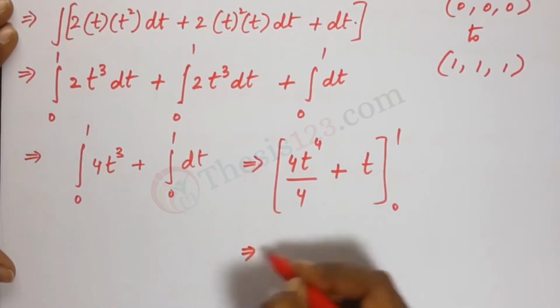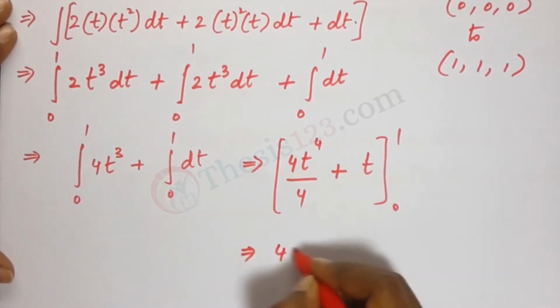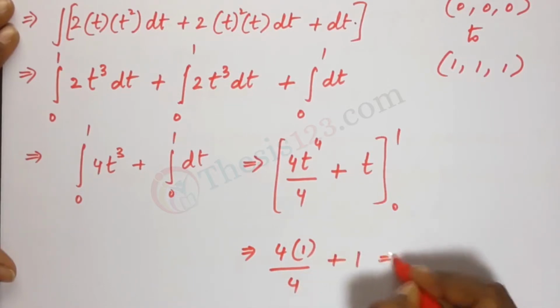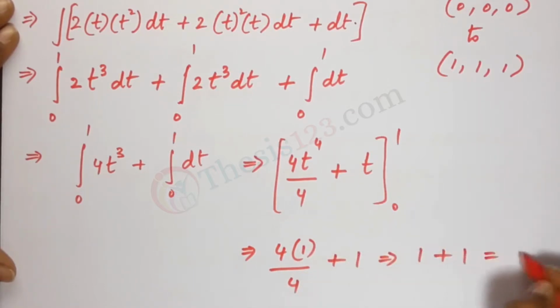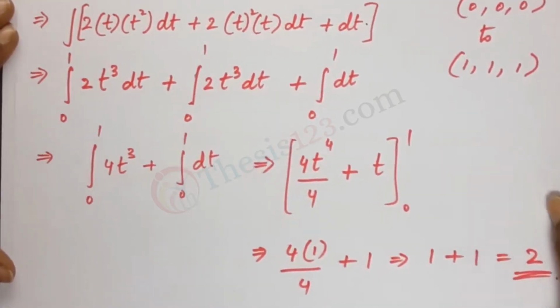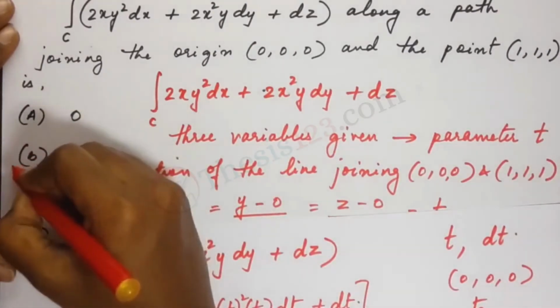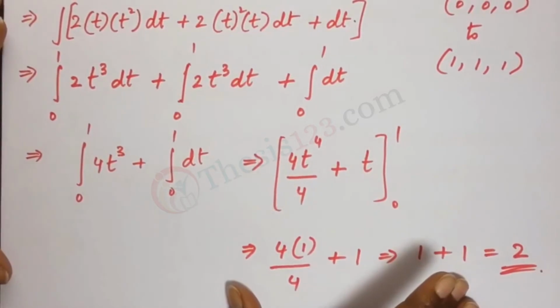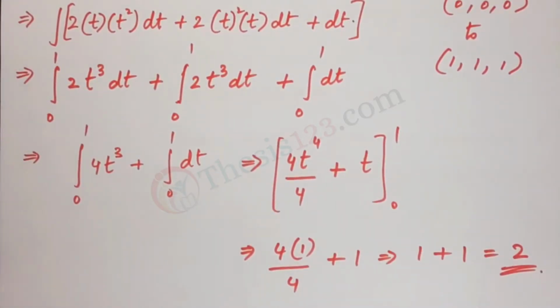So if we evaluate for the upper limit here, we get 4 times 1 divided by 4 plus 1. And that's 1 plus 1, which is 2. So here our final answer is 2, which matches the option B. Well, I hope this has helped.